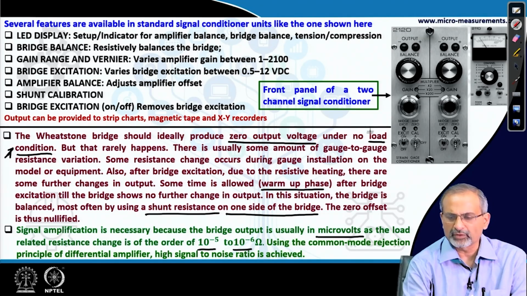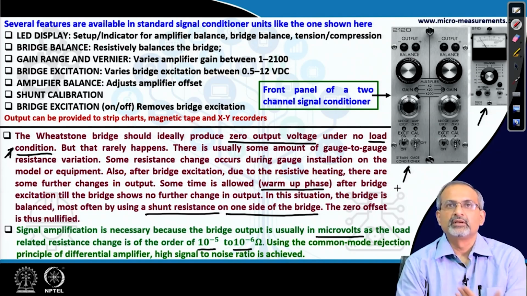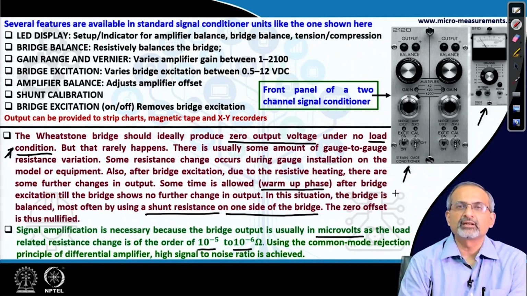Let us look at what we have on the top part of this slide. So, we have some typical pictures of the front panel of a 2-channel signal conditioner with knobs and indicators which are visible.